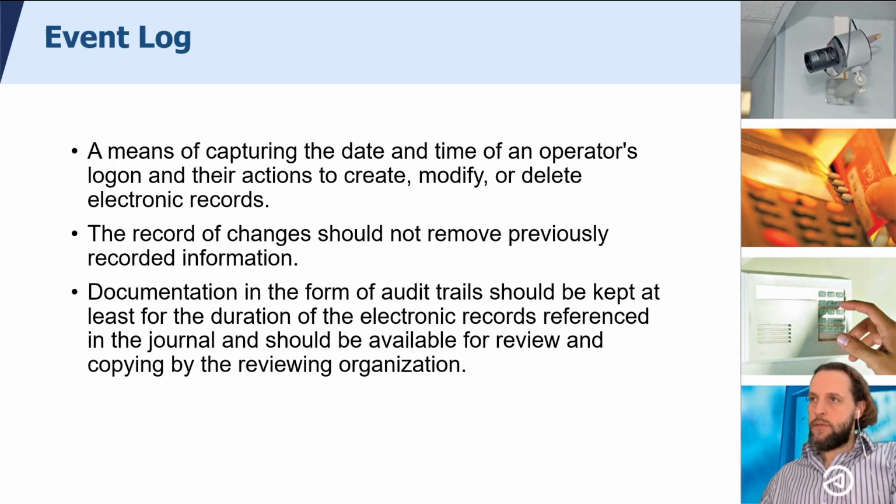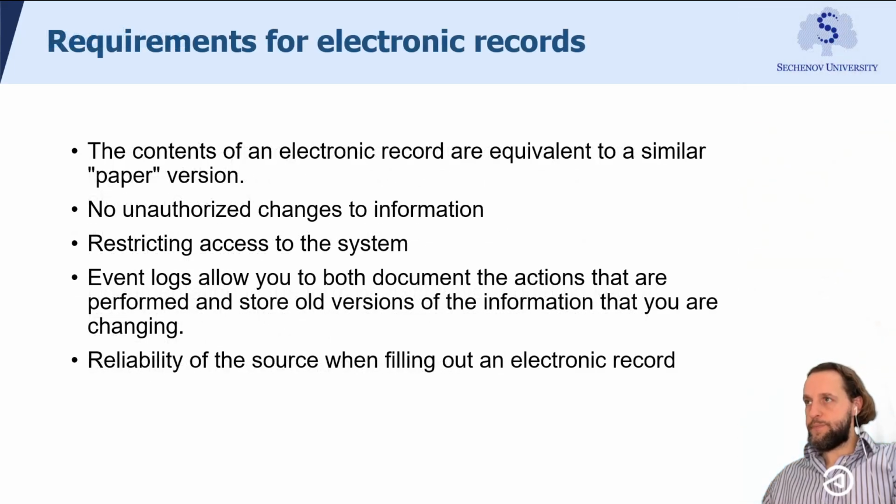When we're talking about digital signatures, we will always need to have an event log in the system. So there will be a record with information about when this document was signed. So all the actions with digital signatures must be recorded.